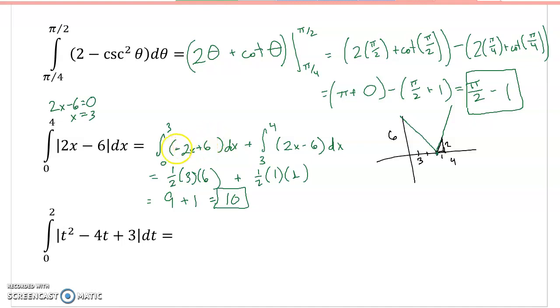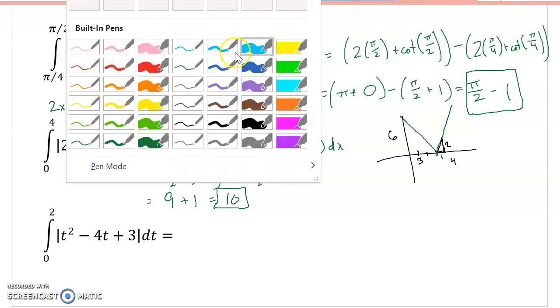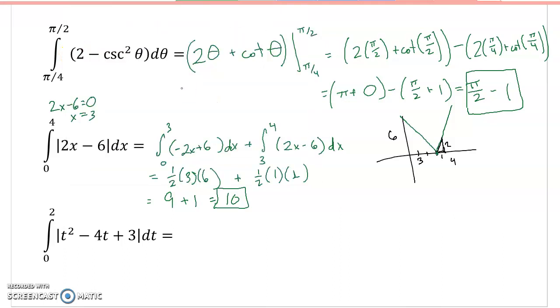But I would recommend doing it both ways, at least to begin with, to make sure that you're getting the same answer. Whenever you can do a problem two different ways, and you get the same answer both times, then you can feel fairly confident that you, A, understand the material very well, and B, your answer is correct.